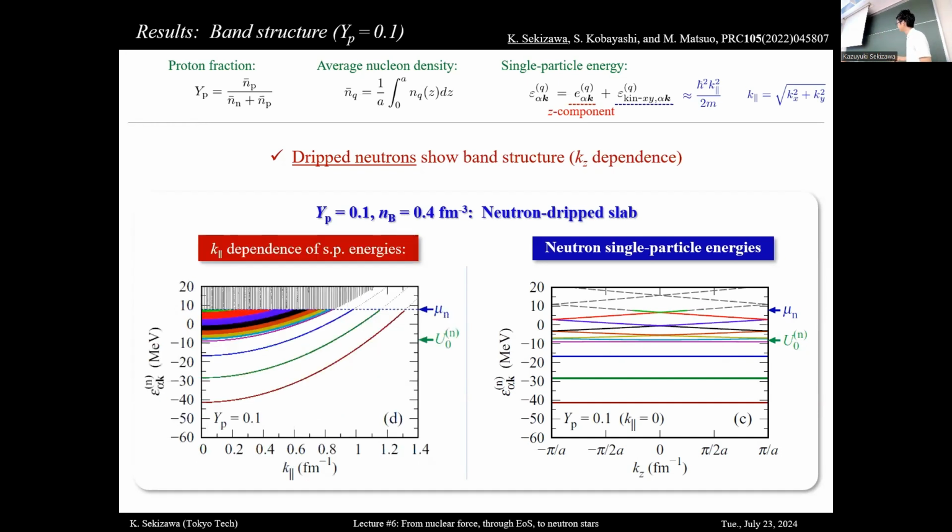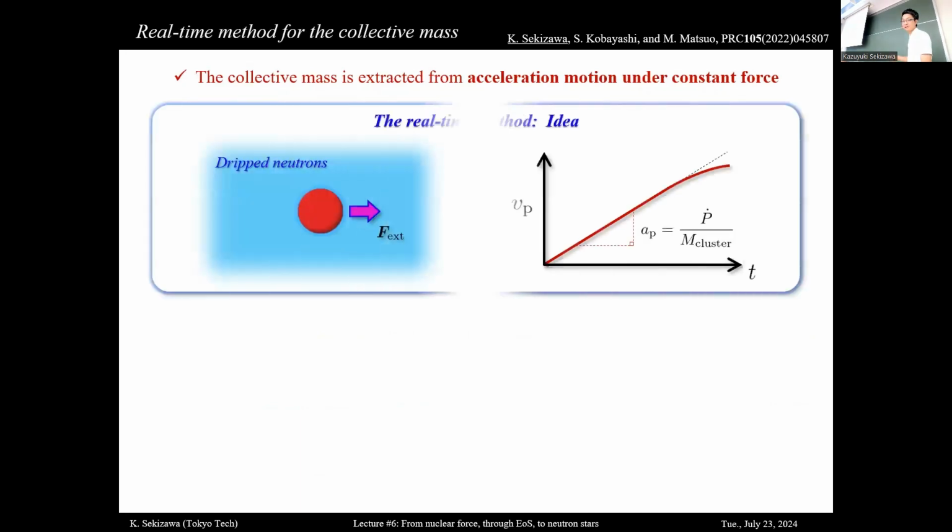Okay, I skip this. And what is the point? Since we employ time-dependent density functional theory with Bloch boundary condition, we can do some numerical experiments. Here is the image.